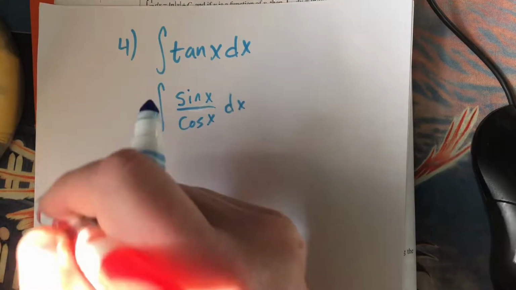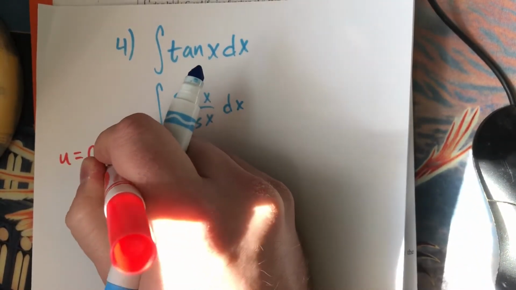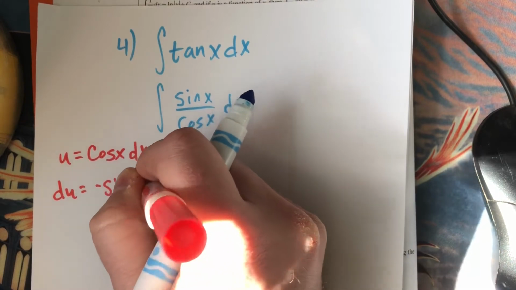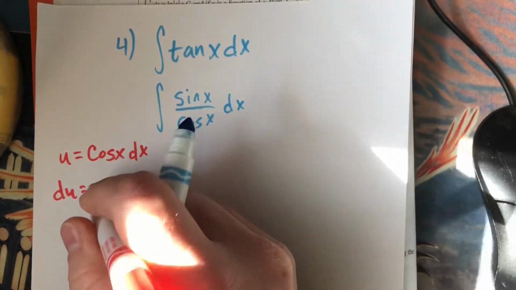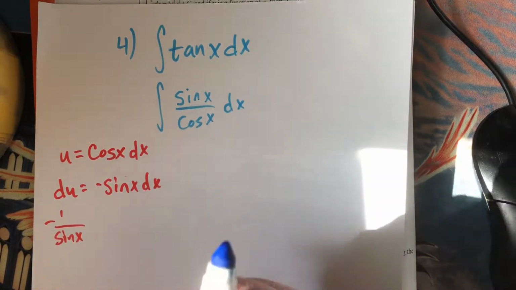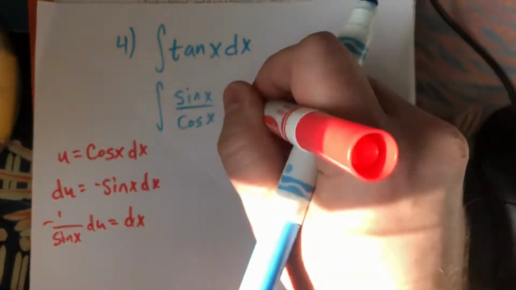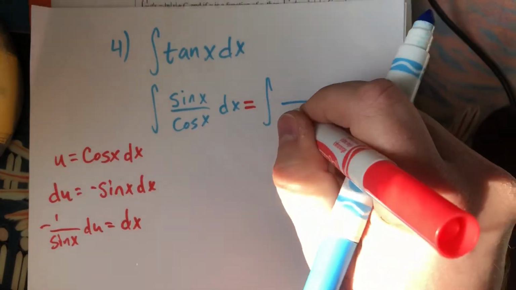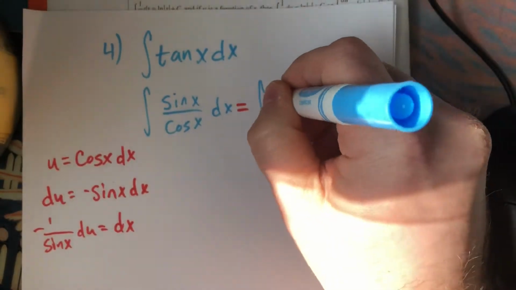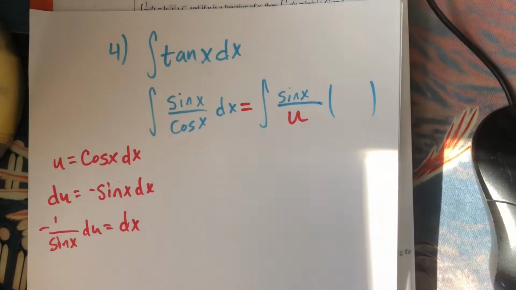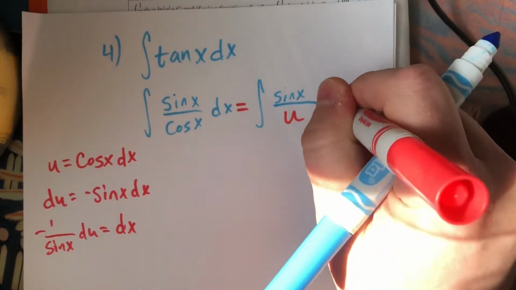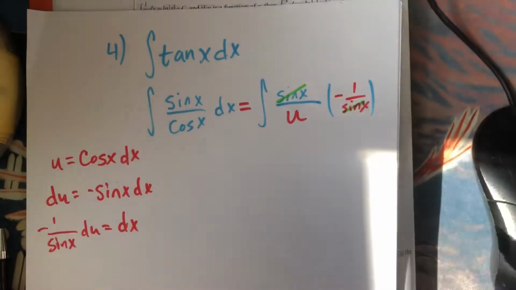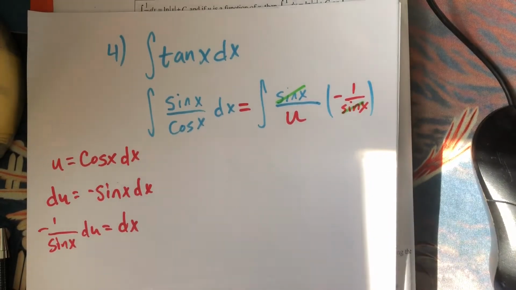It couldn't be that if we set u equal to cosine x and then get our du is equal to negative sine x dx, and then divide both sides by the negative sine x, and then do our substitution, it's not like we get a perfect cancel. Oh, I forgot my du. Yeah, du.